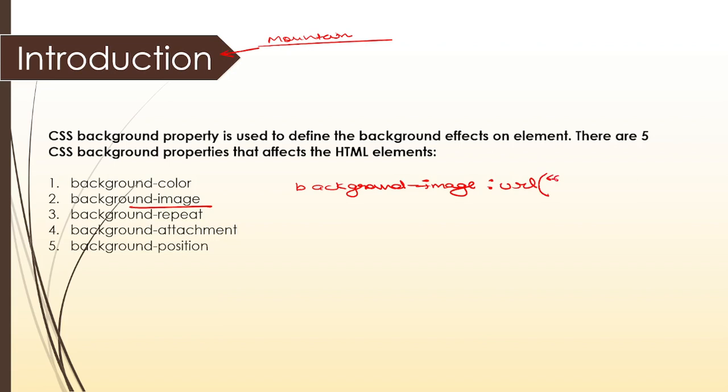Under the inverted commas, add its complete address dot jpg. JPG is the extension, the type of image that you are going to use. We will discuss this practically.